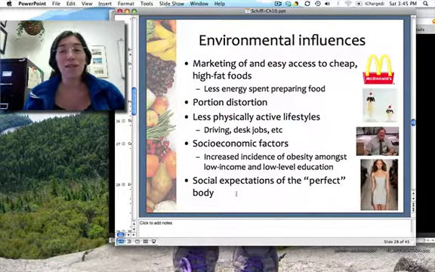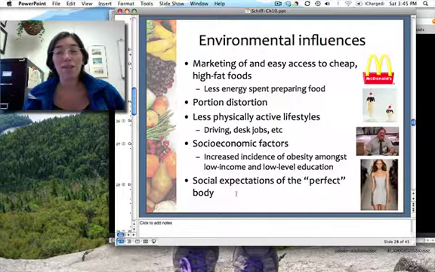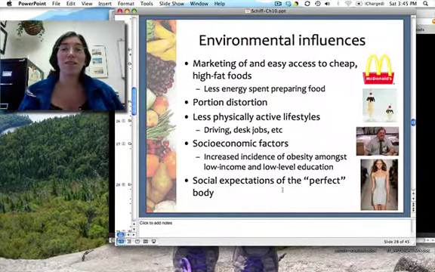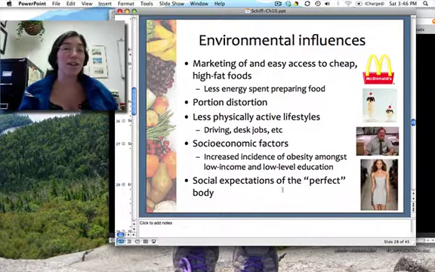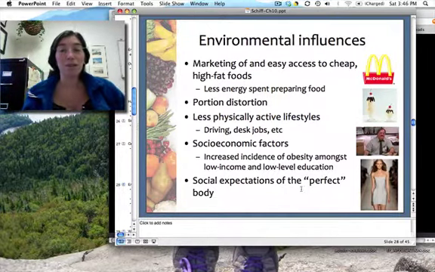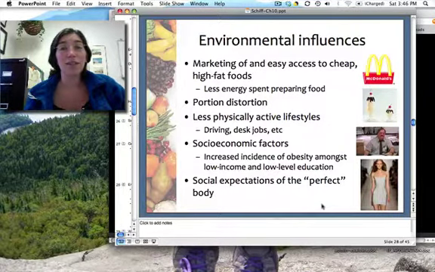Finally, we have the issue of societal expectations of what a perfect body is. These tend to lead to the other extreme, so not so much overweight and obesity, but eating disorders and underweight categories of body weight. In our society, we have supermodels who are these sort of stick figures.